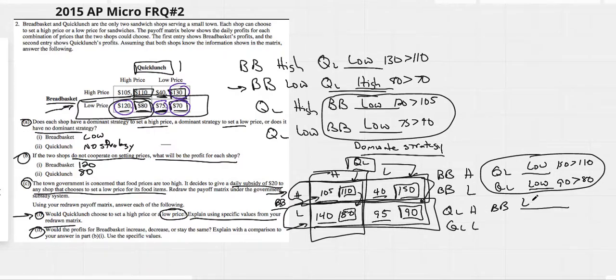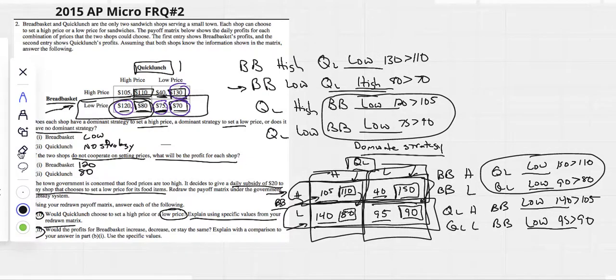We can see Breadbasket's still going to go low for that because 140 is greater than 105. Or if Quick Lunch chooses to go low, Breadbasket will still go low because 95 is greater than 90. So now they're both going to go low.